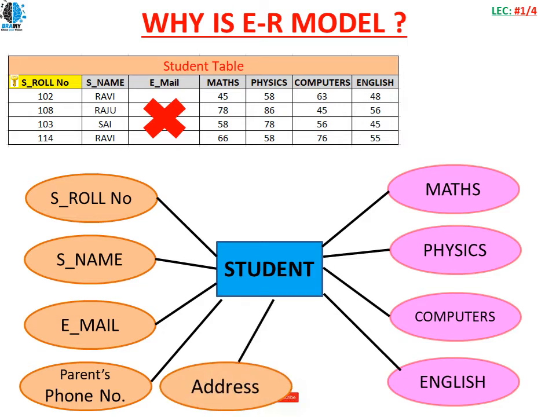Easily I can add the different attributes, whereas in the physical table I cannot go ahead with that. So this entity relationship diagram will help us to create a more and more detailed conceptual model related to any entity. That's the reason we need the ER model.